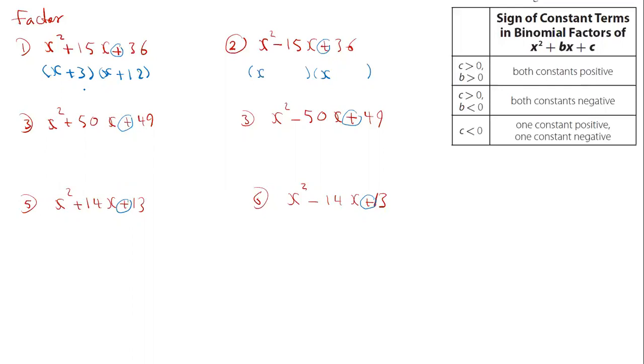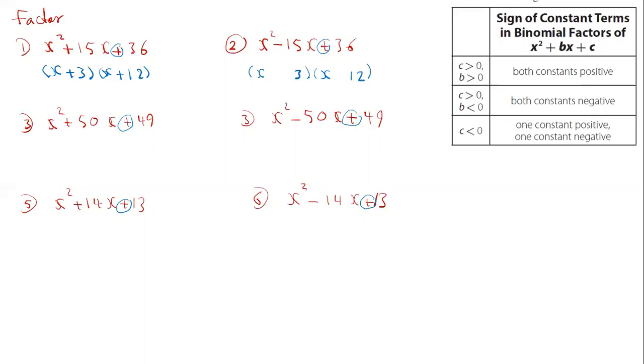If you want to check your answer, multiply the first binomial by the second one using FOIL. You will find the trinomial. Number 2, the same way: x squared, xx. The last term is positive, so we look for two numbers whose product is 36 and whose sum is 15. 3 times 12 again.